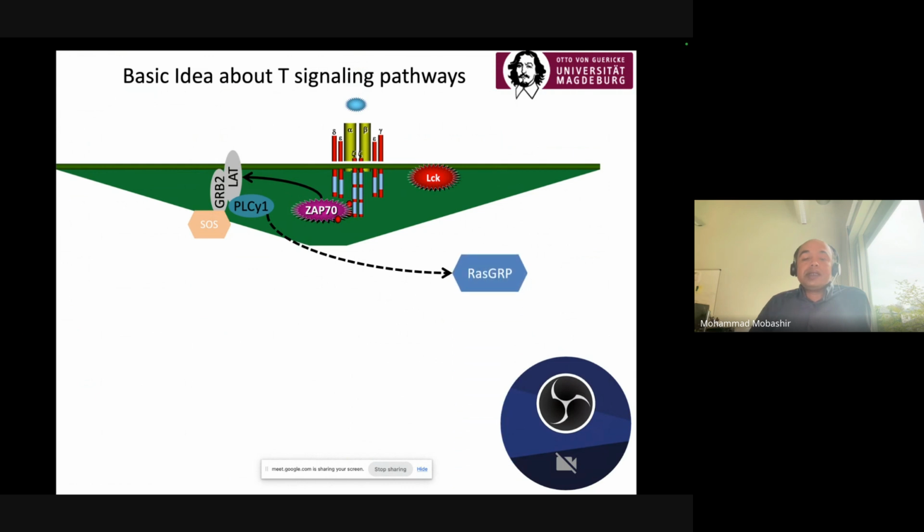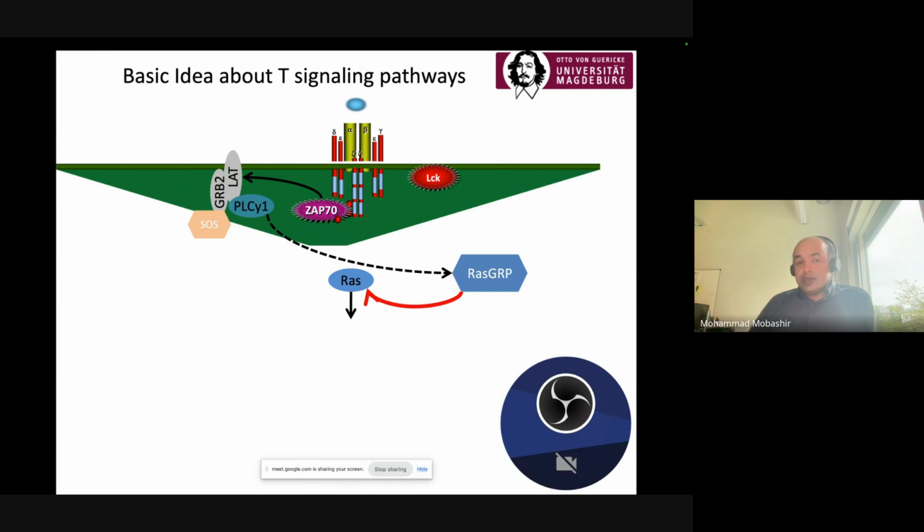Then it goes to RAS GDP, the inactive form of RAS, which is converted to RAS GTP, the active form of RAS. Then RAS GTP activates RAF, which is activated after phosphorylation.